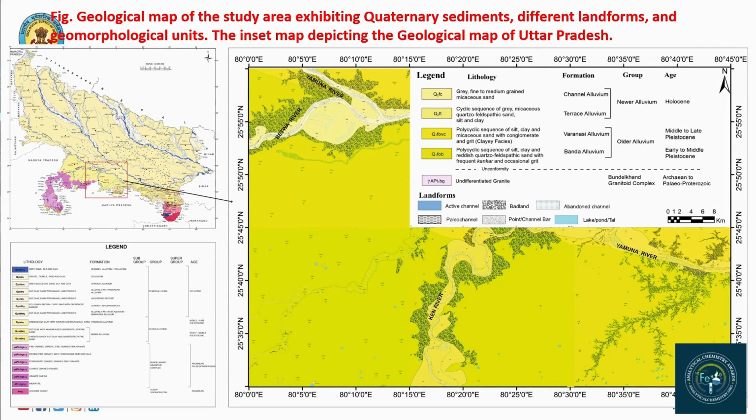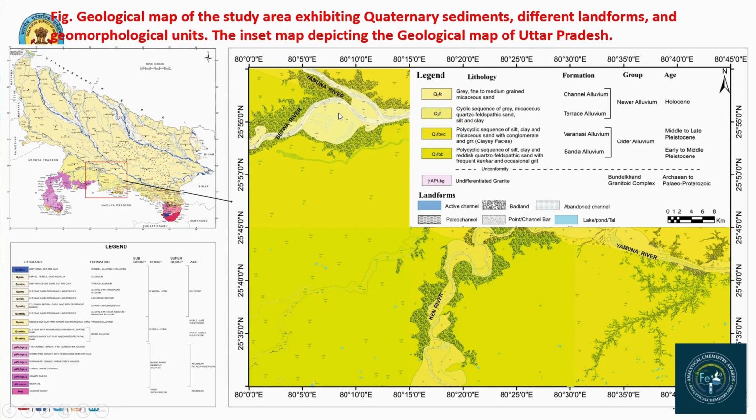This is the detail of the geological map. This yellow part we can see is the alluvium, that means the Banda alluvium, and we can see the stratigraphy: the Quaternary alluvium, early to middle Pleistocene, and middle to late Pleistocene. This is the drainage.